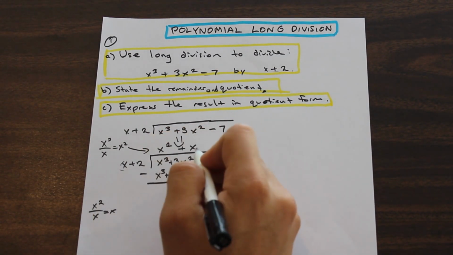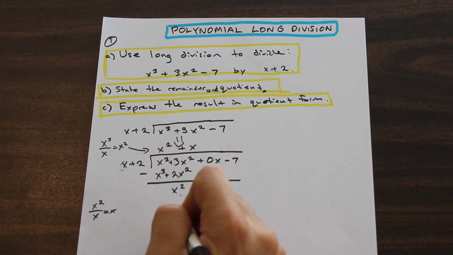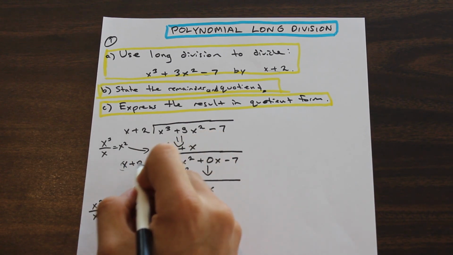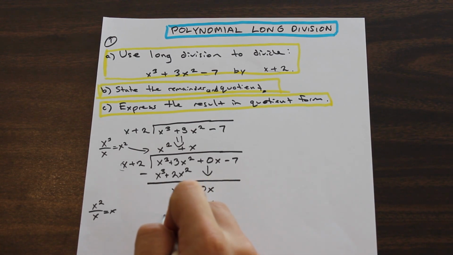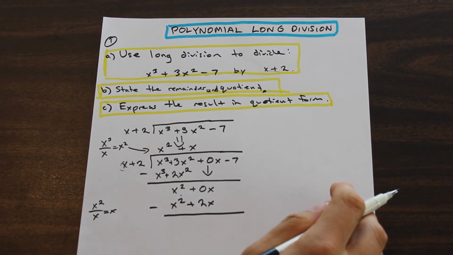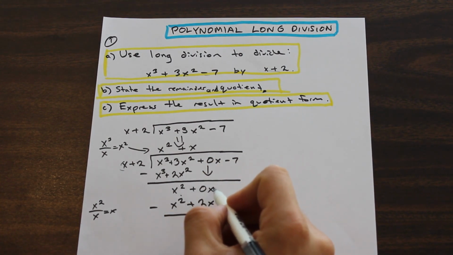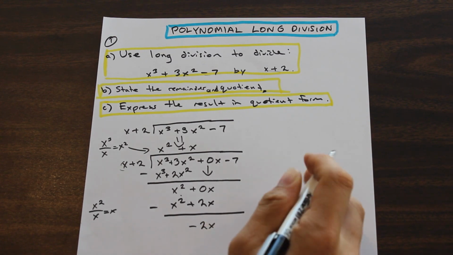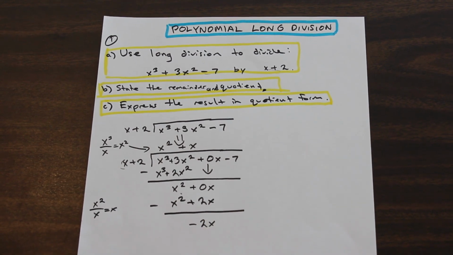So x times x is x squared, and this time we put it underneath this term here. x times 2 is 2x, and once again we subtract. x squared minus x squared is 0, and 0x minus 2x is negative 2x. Perfect.